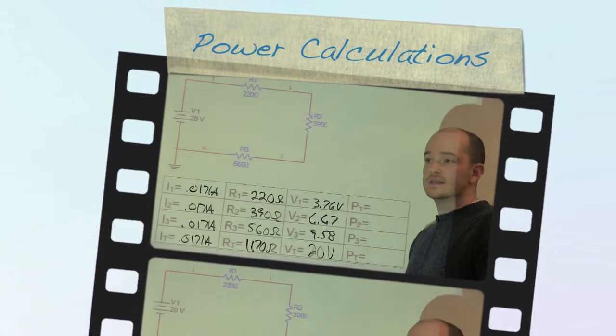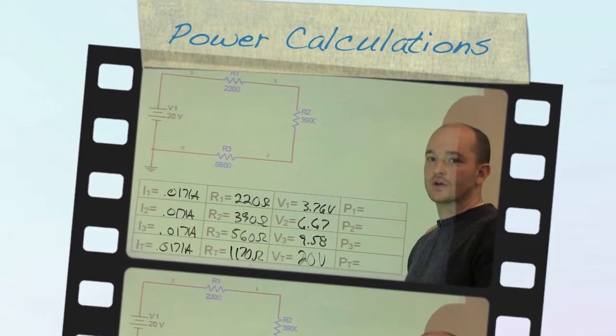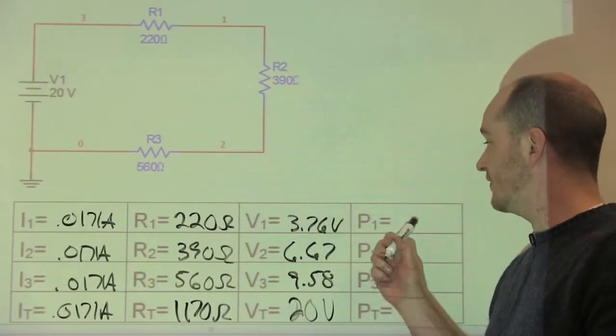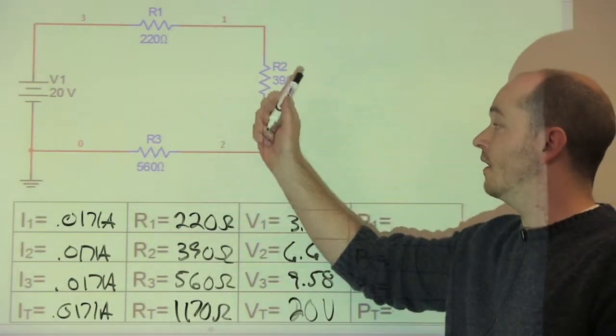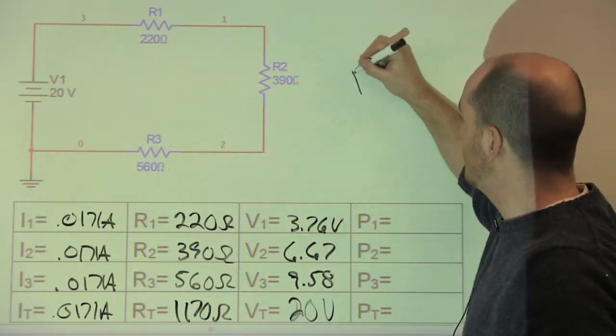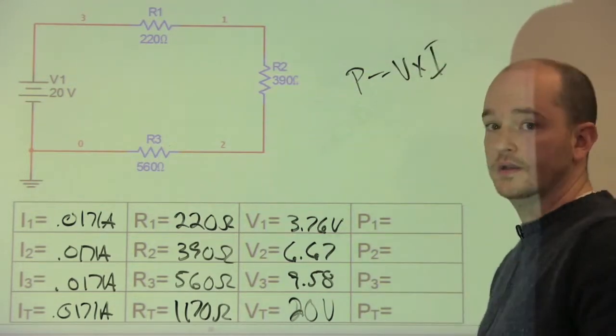The next phase is to calculate the power that each one is consuming in this circuit. There are a number of power calculations that you can use to figure out the power for R1, R2, and R3. But the easiest one is power equals voltage times current.